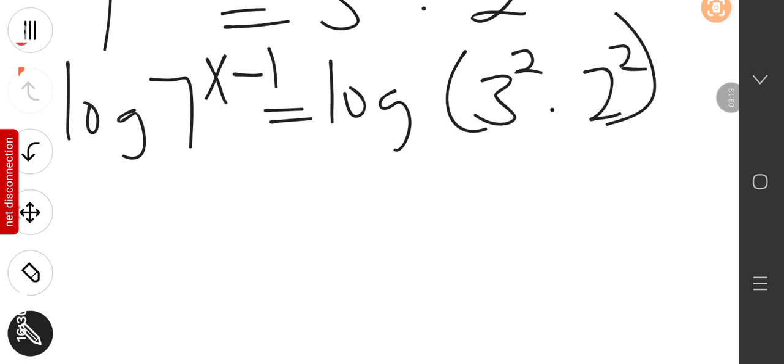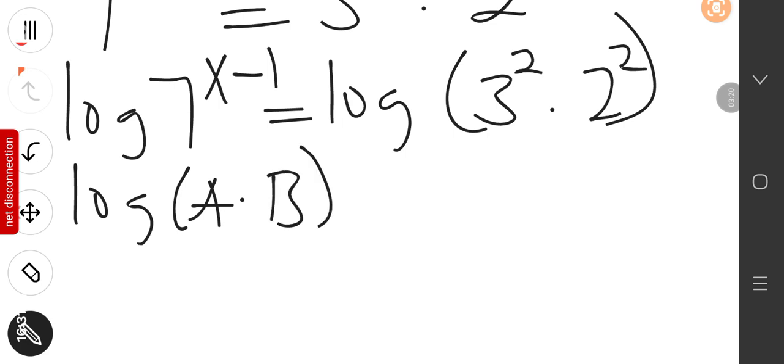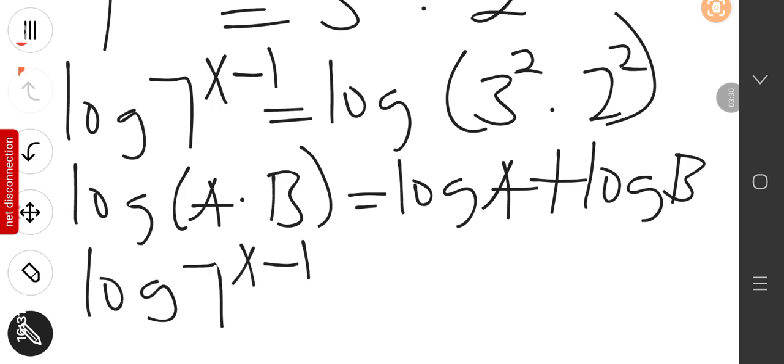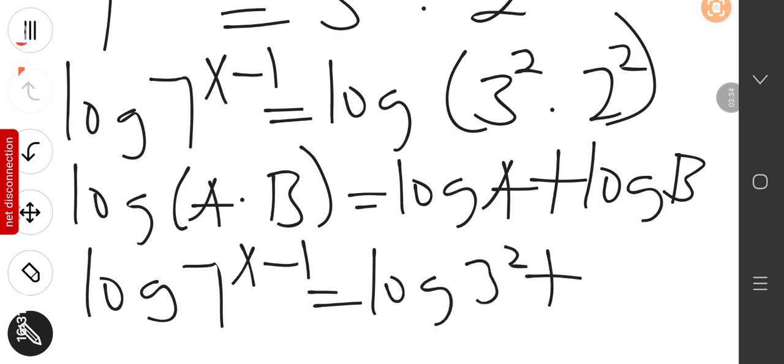So let's apply the product rule first. Log a times b gives us log a plus log b. So we have log 7 exponent x minus 1 equals log 3 squared plus log 2 squared.